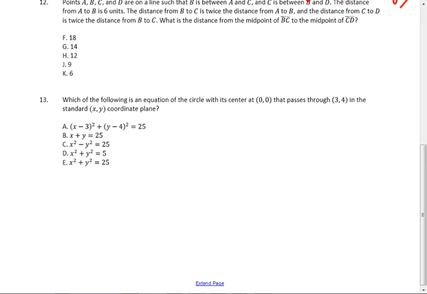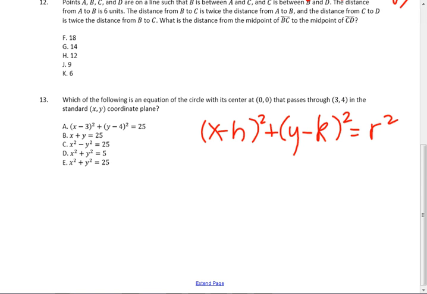Do you remember what the formula for a circle is? Zach, what is it? It's x minus h squared plus y minus k squared equals r squared. The center is 3, 4. Zero is just a number. x minus 0 squared plus y minus 0 squared equals... Wait, it's got to be 3 squared, 4 squared.